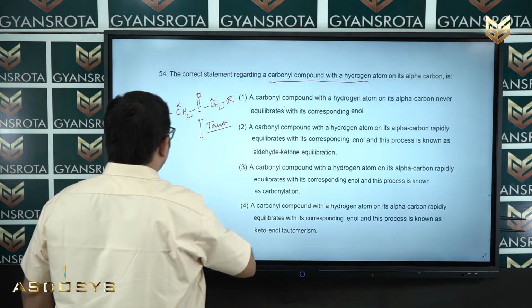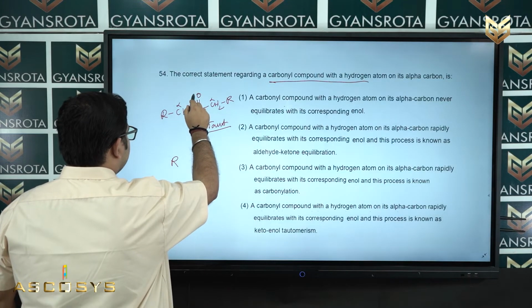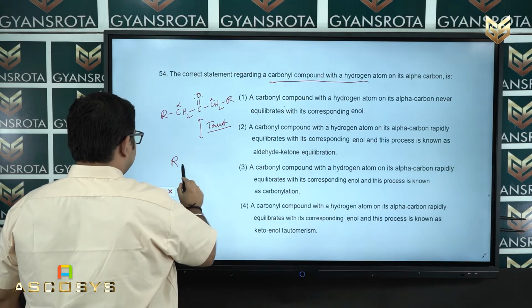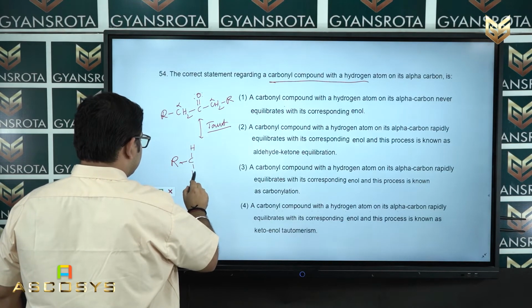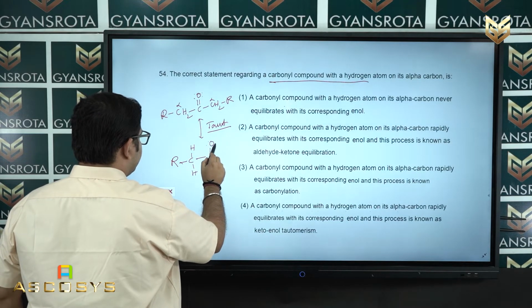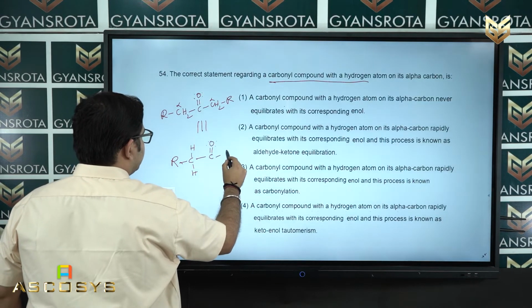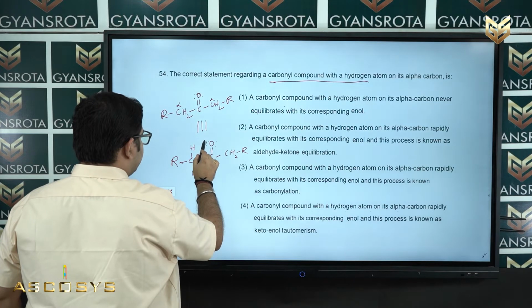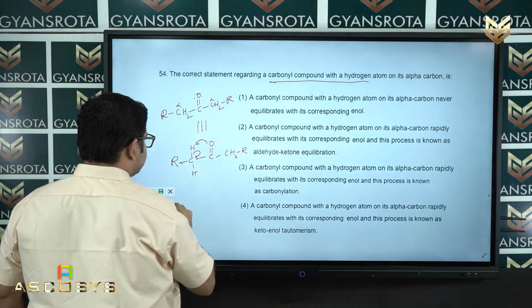What will happen in tautomerization? Here the oxygen has lone pairs. I am writing RCH, and here C double bond O, with lone pairs. Similarly I am showing here CH2R. These lone pairs will abstract this proton and this bond will shift to that side.